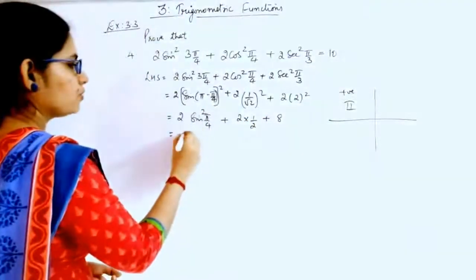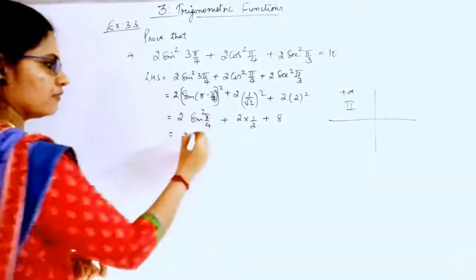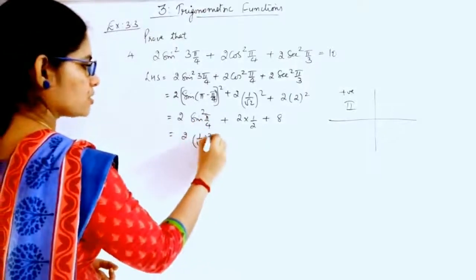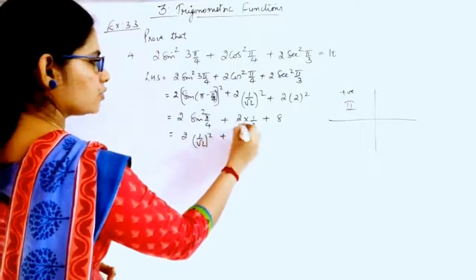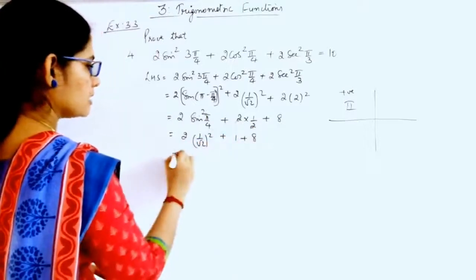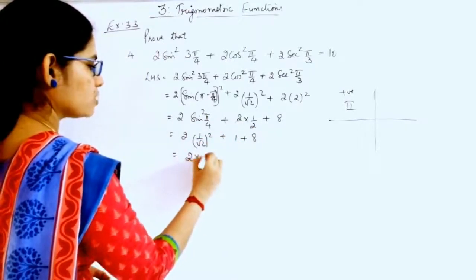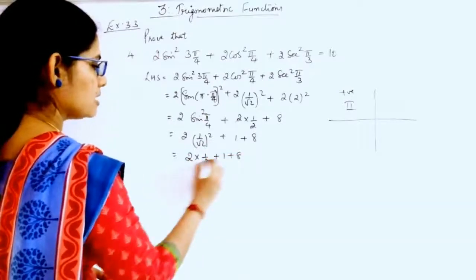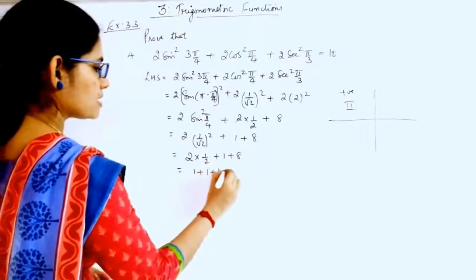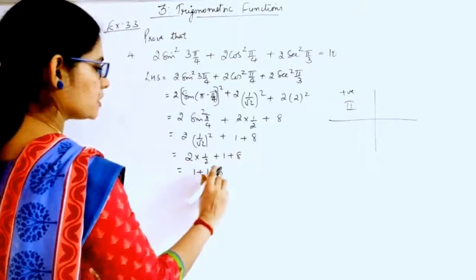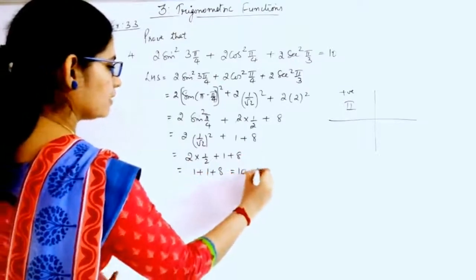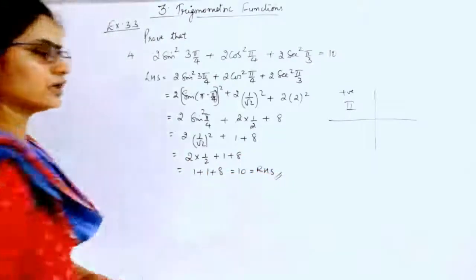Now what is sine pi by 4? Again 1 by root 2 the whole square plus this will give you 1 plus 8. Here it is 2 into again 1 by 2 plus 1 plus 8, which is 1 plus 1 plus 8, which will give you 10. That is your RHS.